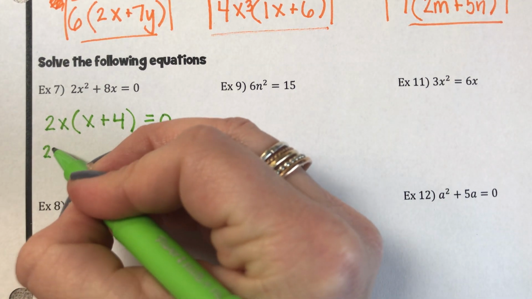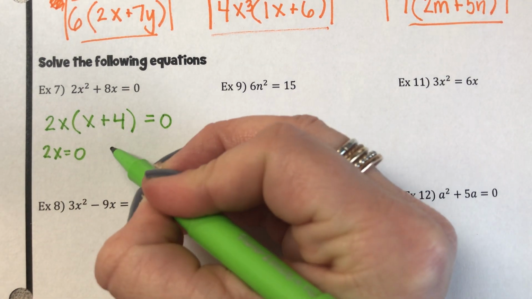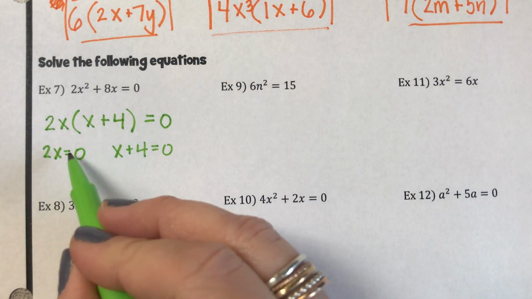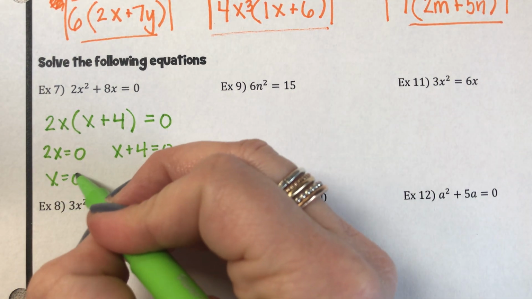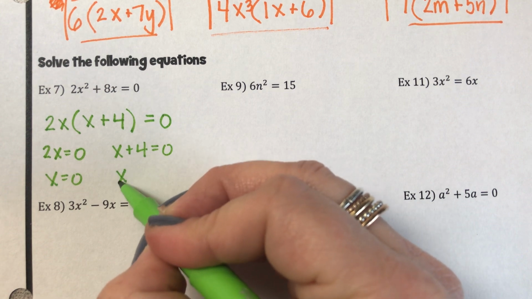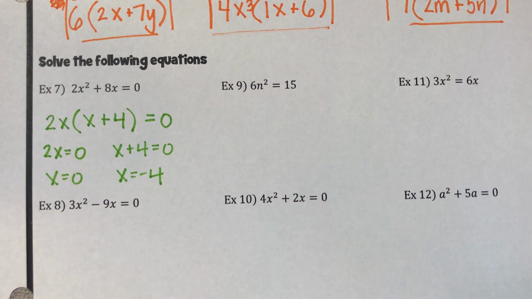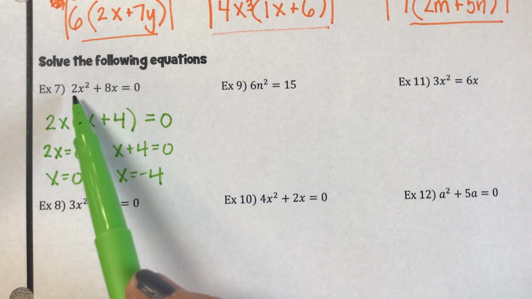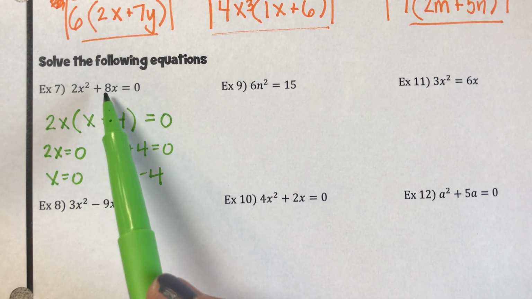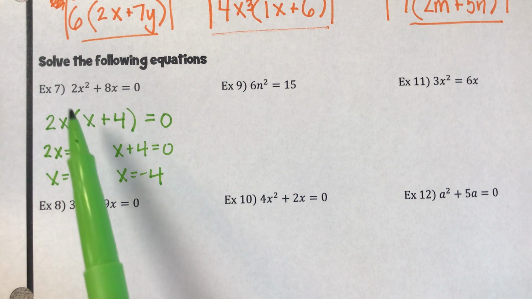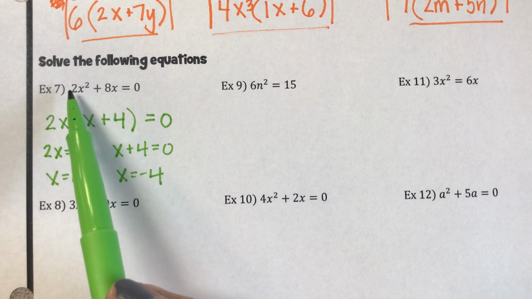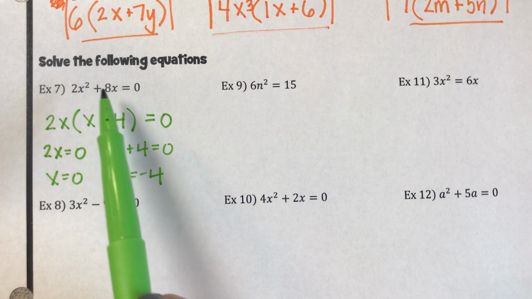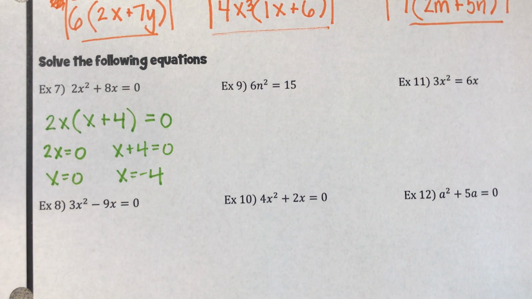So what if 2x equals 0, or x plus 4 equals 0? So in this case, x could be 0, or subtract 4, x could be negative 4. And it makes sense because if x is 0, 0 squared times 2 plus 0 is 0. Well, if it's negative 4, that's 16 times 2 is 32. 8 times negative 4 is negative 32. So those are our two solutions.